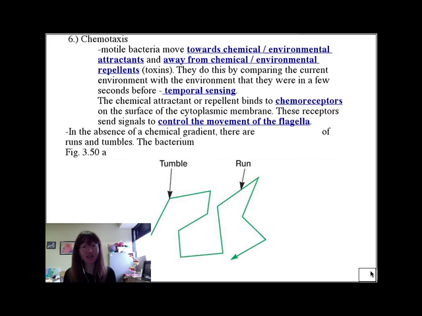In the absence of a chemical gradient, they don't move towards anything or away from anything. But remember that they have to keep moving in order to tell if there's ever a change. If they don't, they'll stop sensing. So they have to keep moving, and they will keep doing so in a random way. That is, they'll run, they'll tumble. And finally, we get this motion that is just completely random. It's not going anywhere.